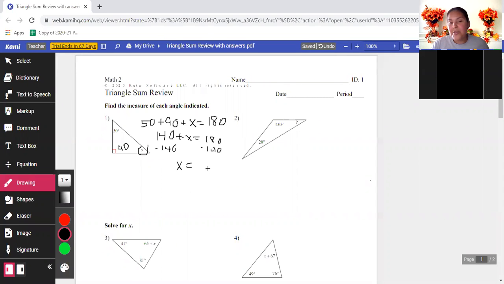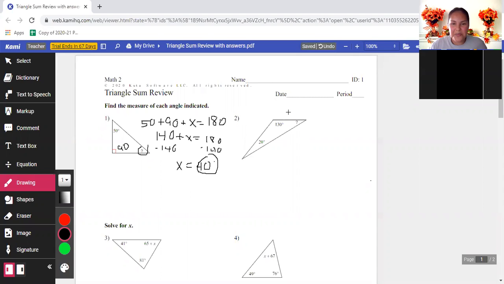Not negative 40. So 180 minus 140. So instead of negative 40, that would be 40. Yeah, just 40, positive 40. So our missing angle is 40 degrees. So you can go ahead and circle that.